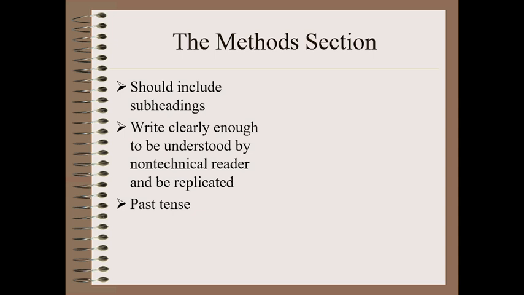Clearly write all the things in the methodology section. Write clearly enough to be understood by a novice reader and for the methods to be replicated. Always use past tense for methods. That is also an important thing.